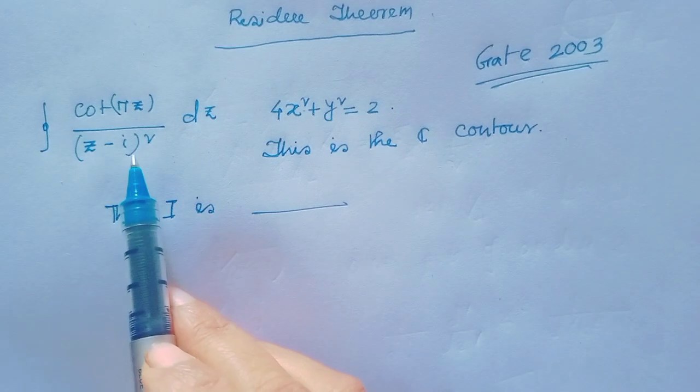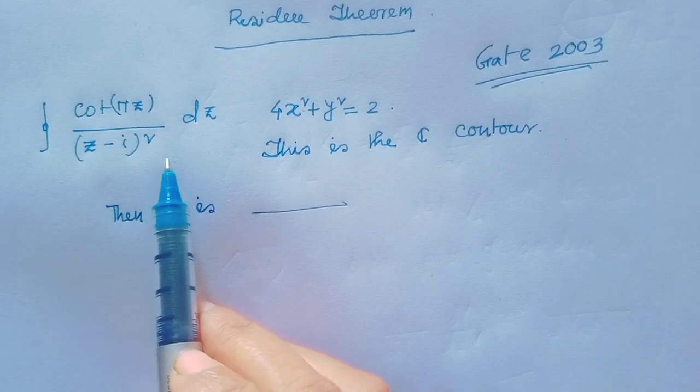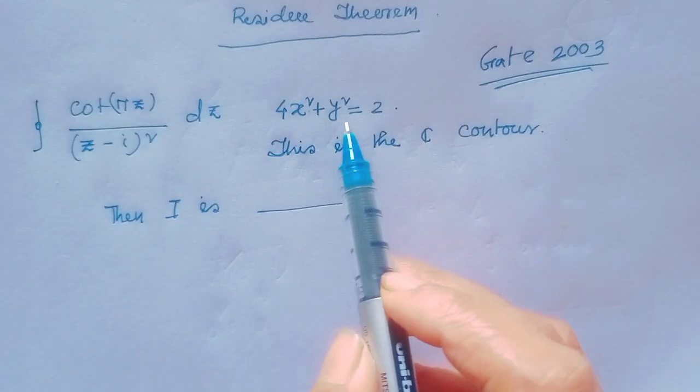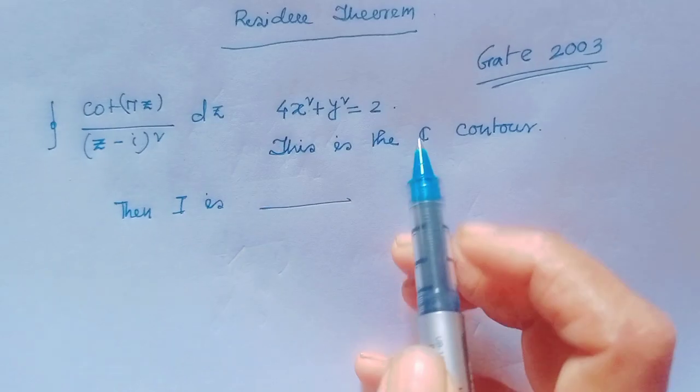Here, cot pi z over (z minus i) whole square, and C is the contour 4x square plus y square equal to 2.